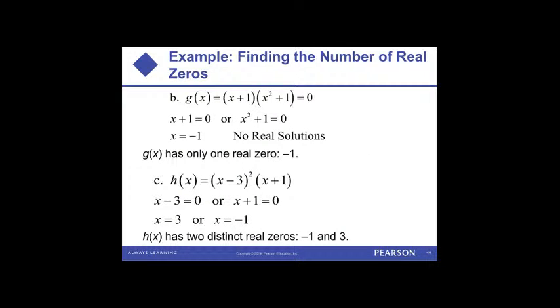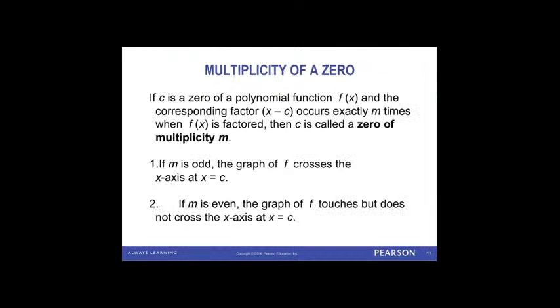So then the multiplicity of a zero, we kind of mentioned this already, but let's go over it officially. If c is the zero of a polynomial function, and the corresponding factor occurs exactly m times when f of x is factored, then c is called a zero of multiplicity m. If the multiplicity is odd, it's going to cross the x-axis.